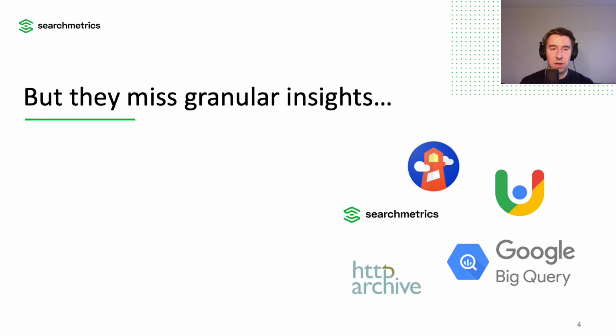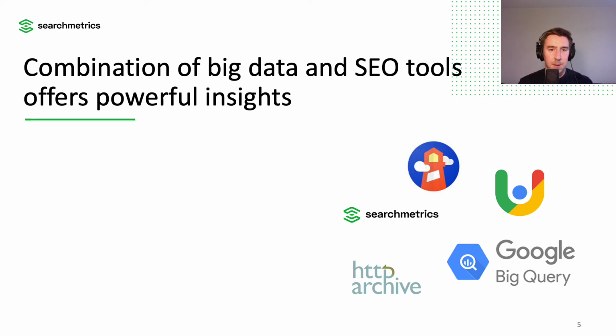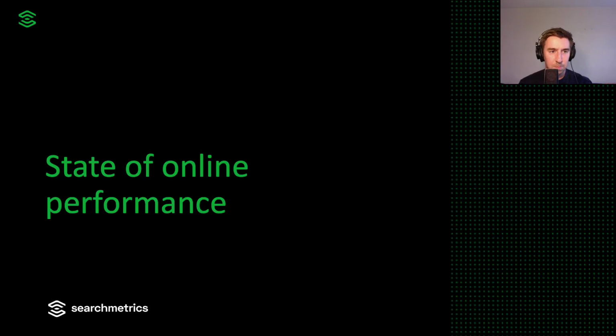The same is true for HTTP Archive. Now, one of the problems with big data is they do tend to miss granular insights, but we'll be coming onto that very shortly. I'm going to show you how you can combine big data insights with SEO tools to show you where you can optimize your websites.